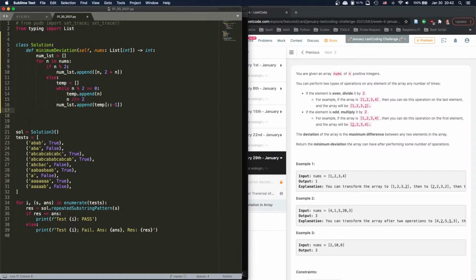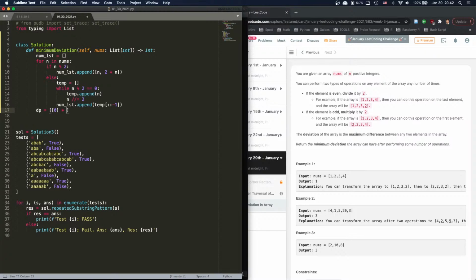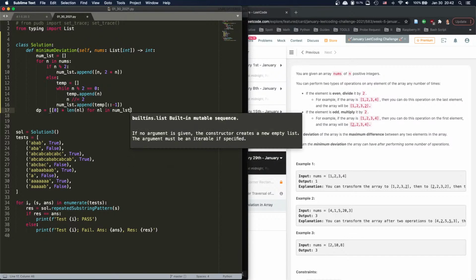All right, so we create this, and then we need a, we'll call it dp equals this, and 0 times L for L, no, I said it not, for NL in num list.